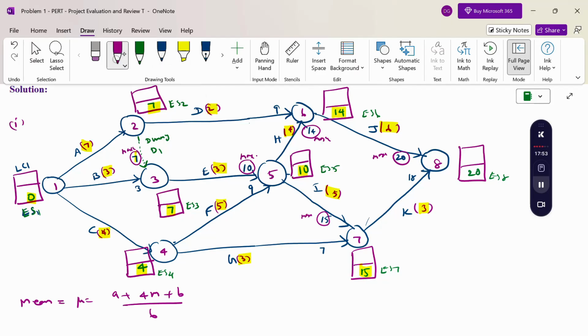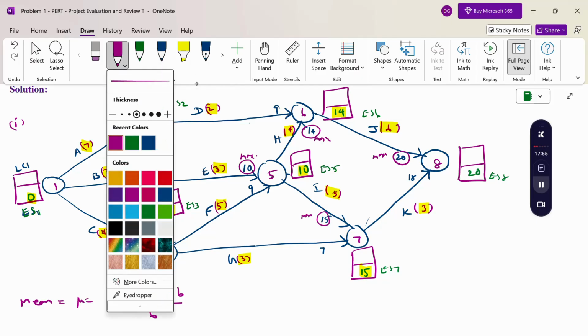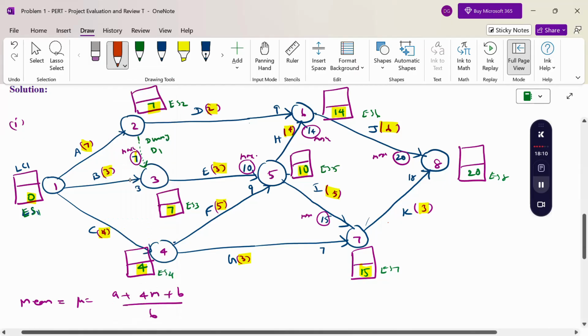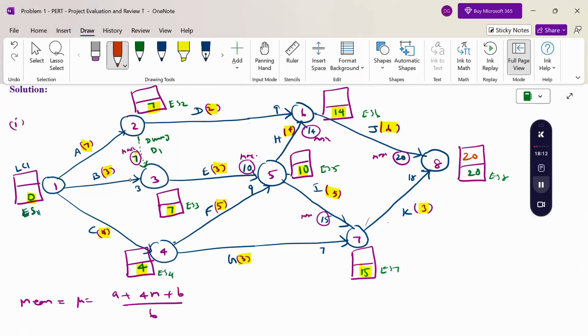And then next, the latest completion time. So for the latest completion time, starting from 20, we subtract and choose the minimum value.